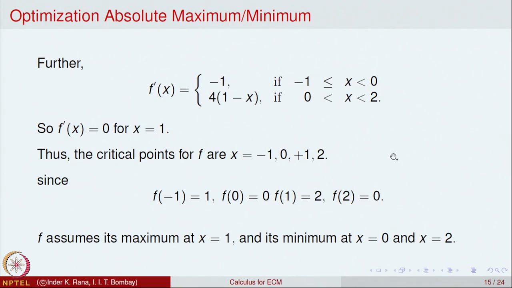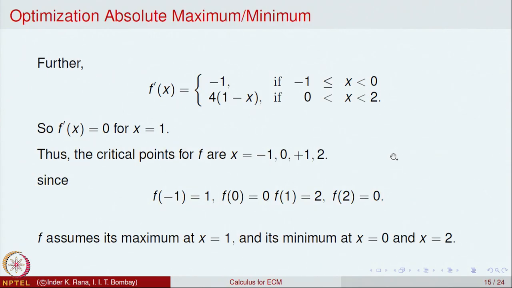So, once again the strategy is, first of all, given a function, ascertain that it will have absolute maximum and minimum by looking at the domain of the function and analyzing its continuity. The theorem says that a continuous function defined on a closed bounded interval will ensure absolute maxima and minima.